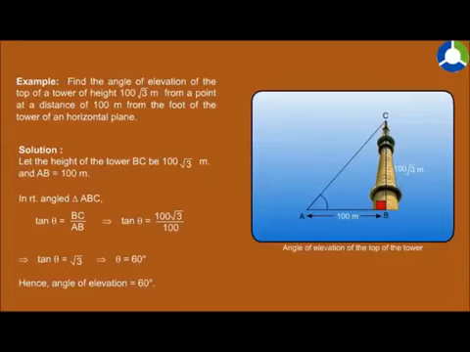In right angled triangle ABC, tan theta equal to BC upon AB, implies that tan theta equal to 100 root 3 upon 100, implies that tan theta equal to root 3, implies that theta equal to 60 degree. Hence, angle of elevation equal to 60 degree.